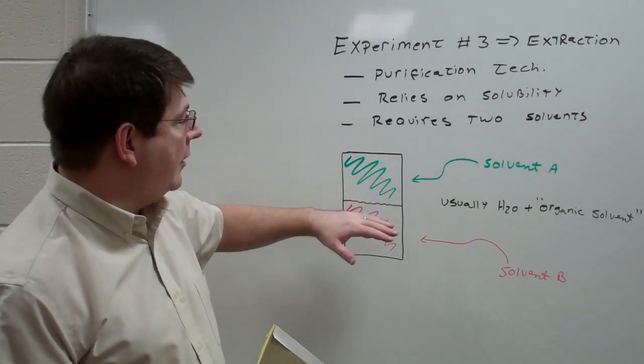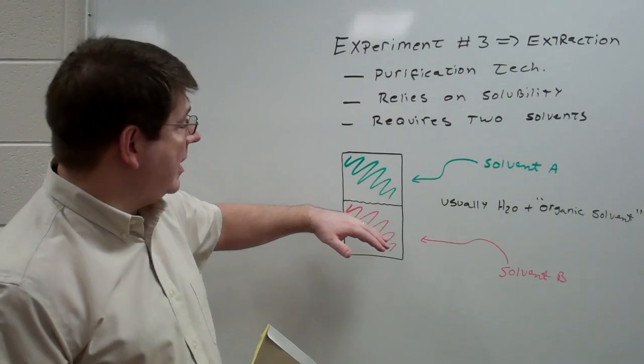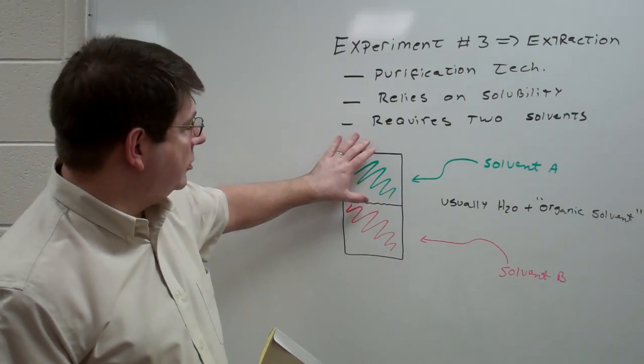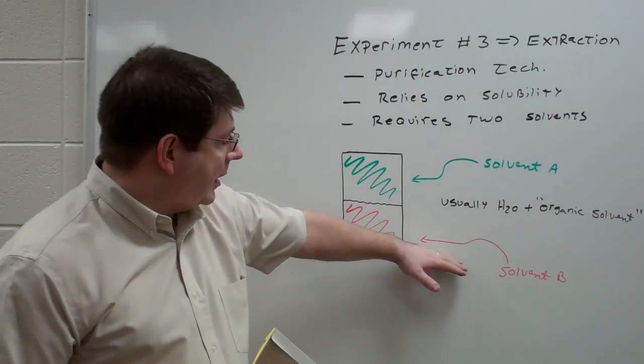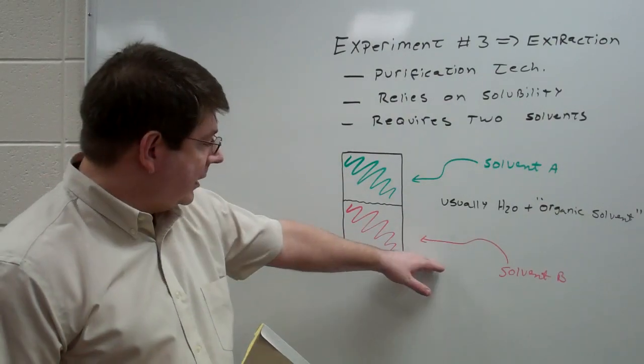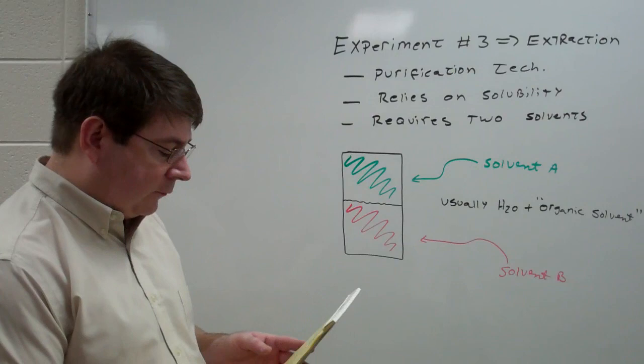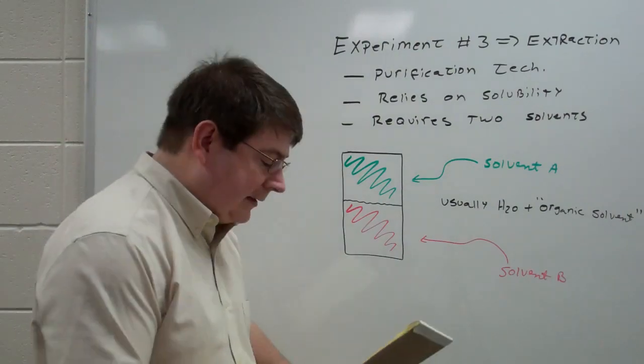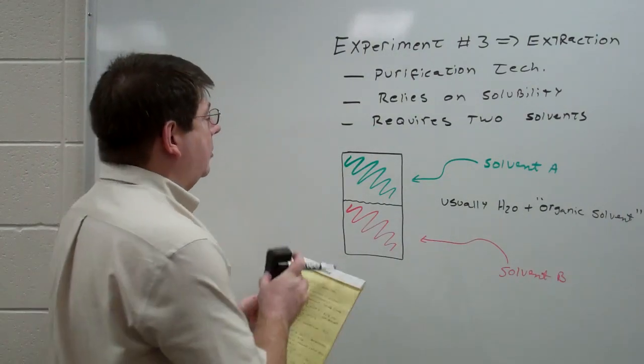And so if we have a compound that likes to dissolve in solvent A, for example, that's where we would find it after the extraction is completed. Likewise, if we had a component of our extraction mixture that liked solvent B, that's where we would find it afterwards. So let's look at a very simple example to start with.